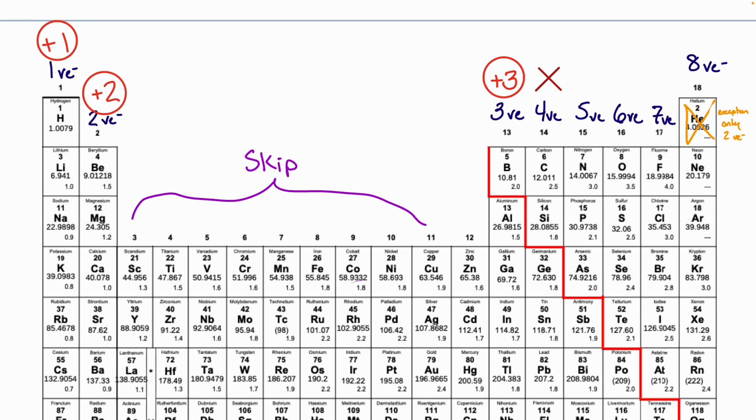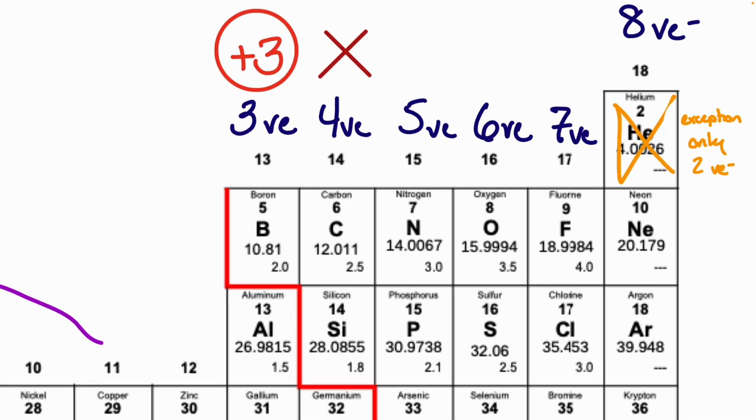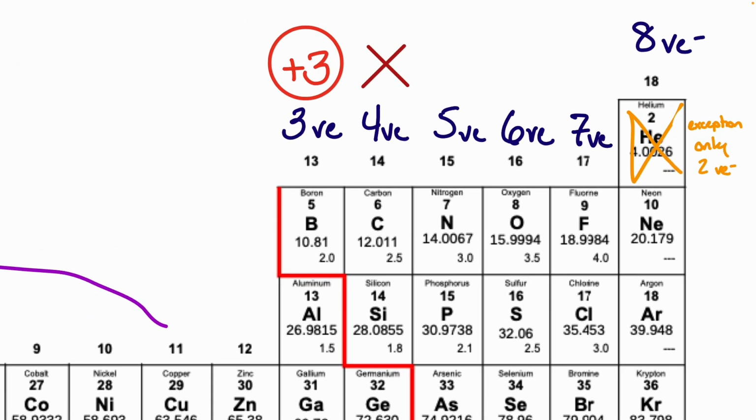Okay, so just going to our periodic table here, let's look at nitrogen's column. Nitrogen has 5 valence electrons. If it's going to add electrons till it gets to 8, how many is it going to add? It's going to add 3, which is going to give it a charge of -3.